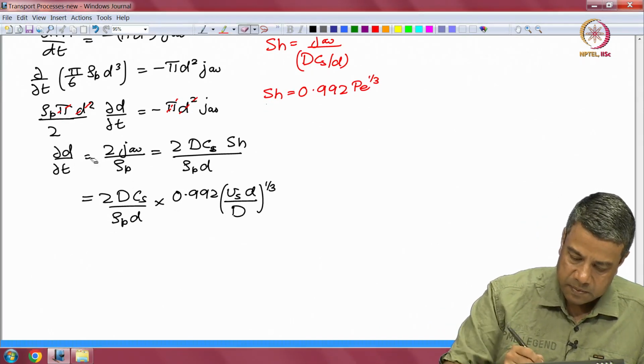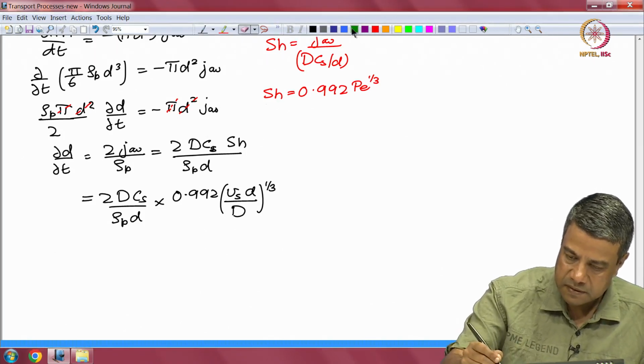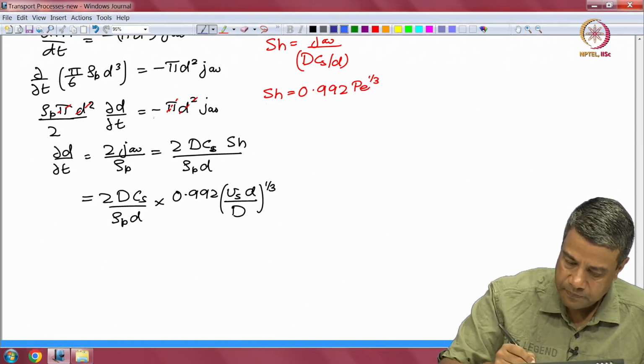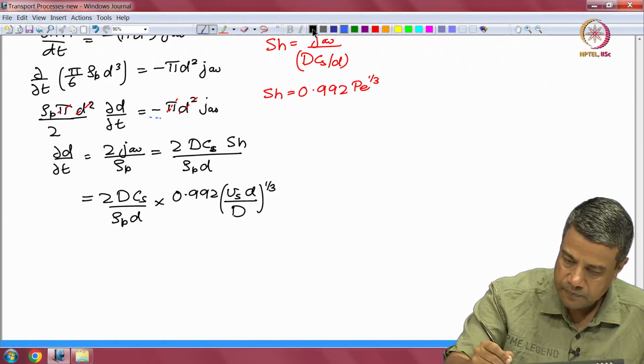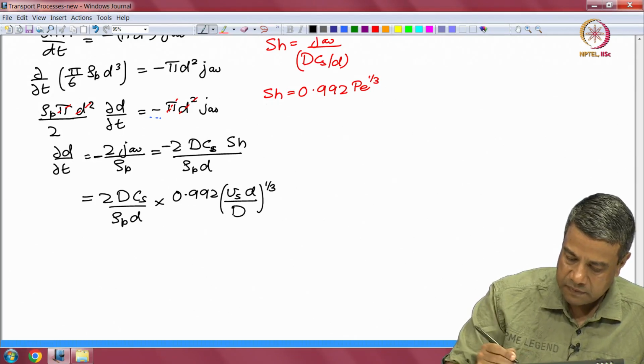My apologies, there should be a negative sign everywhere here. This negative sign has to carry through. So there should be a negative sign here, negative and negative.